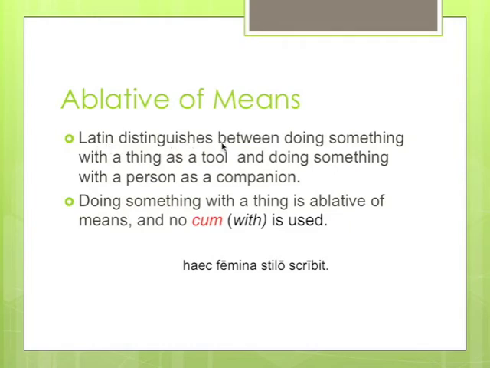Now Latin distinguishes between doing something with a thing as a tool and doing something with a person as a companion. Doing something with a thing is ablative of means, and no cum, the Latin word for with, is used. For instance, haec femina stilo scribit. No word for with is used here, no cum, and it would be a mistake to use a word for with.